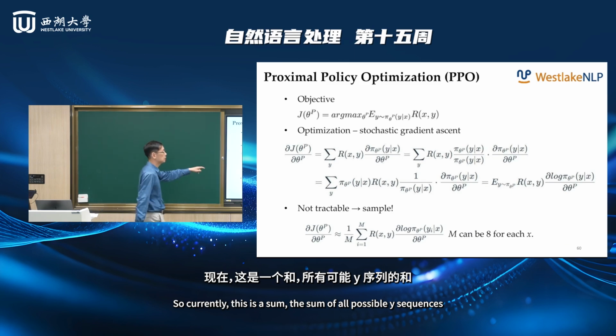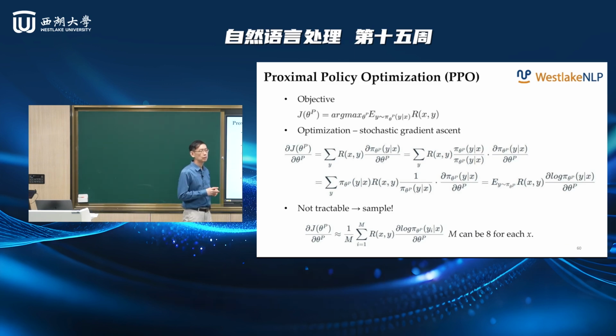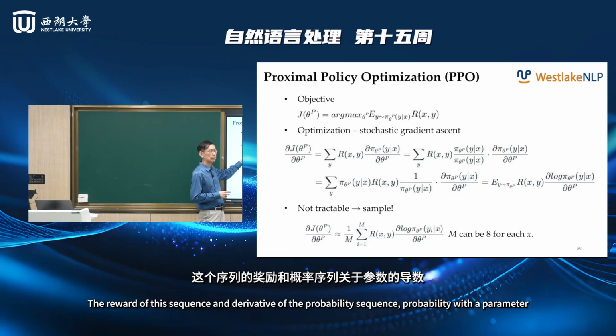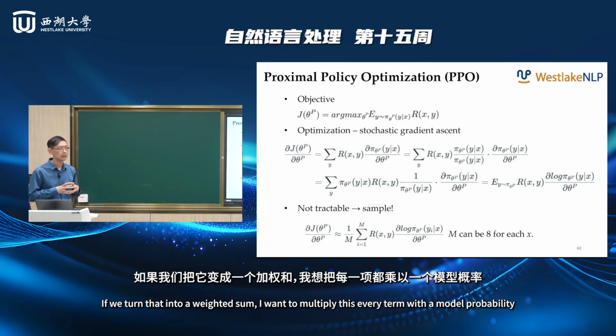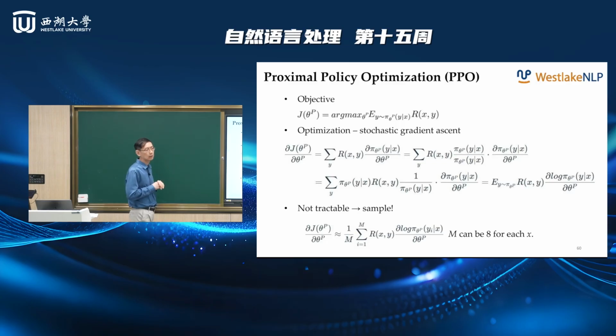Currently this is the sum of all possible y sequences: the reward of this sequence and the derivative of the sequence probability with respect to the parameter. If we turn that into a weighted sum, I want to multiply every term with a model probability. Then how do we do that?